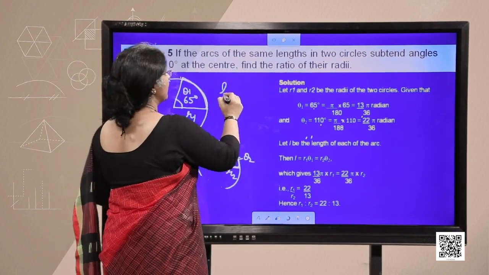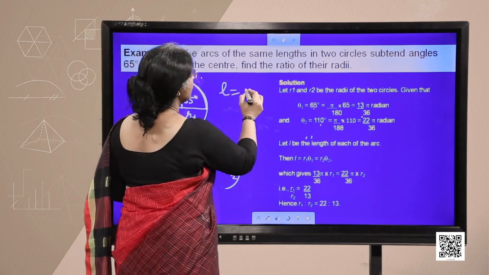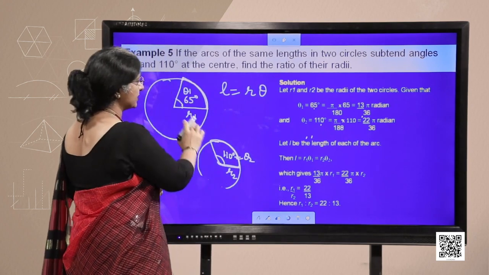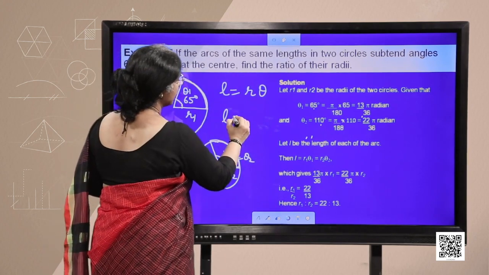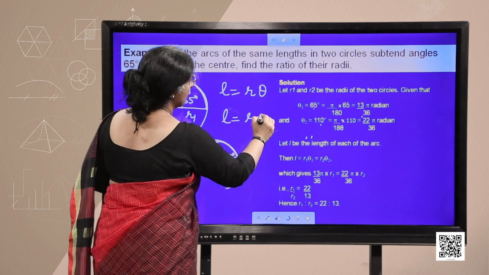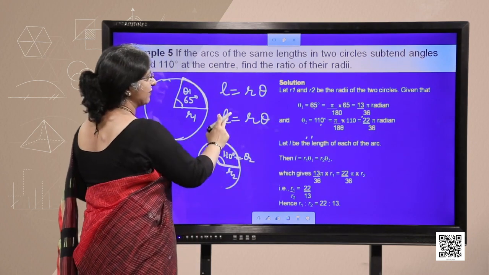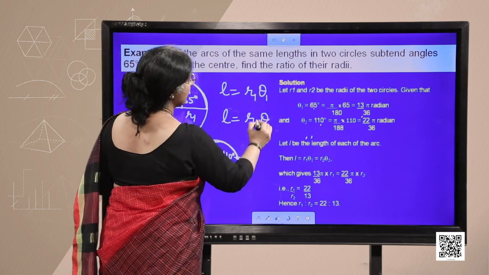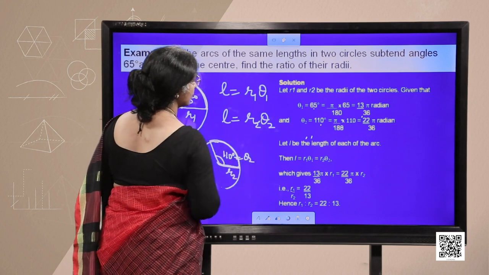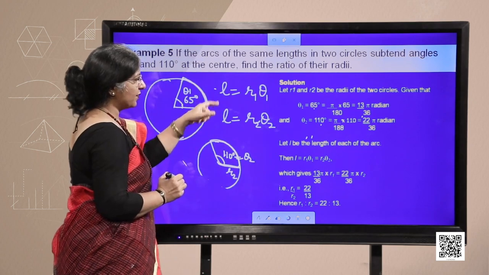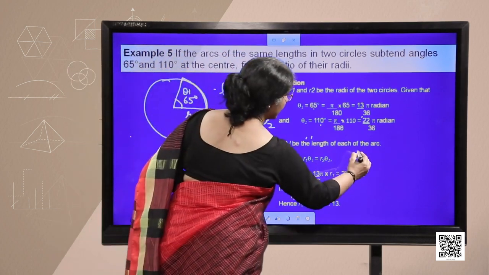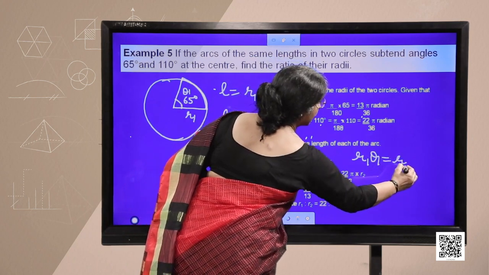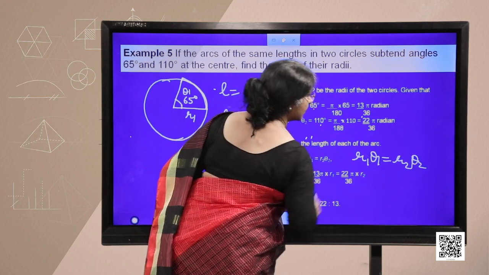If we write the formula, L is equal to R theta for these two different circles. Since the arc length is the same, we need not write it separately as L1 and L2, we can take them as the same. This is R1 theta 1, R2 and theta 2. Lengths are the same. Comparing these two, we can very well write R1 theta 1 is equal to R2 theta 2.